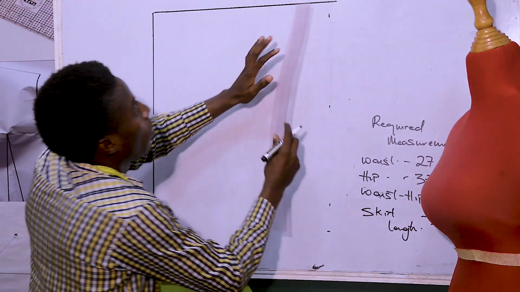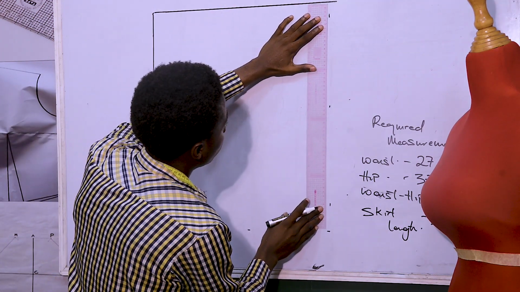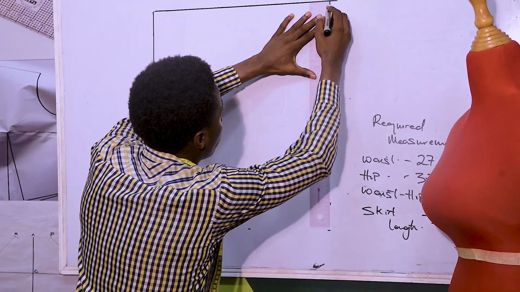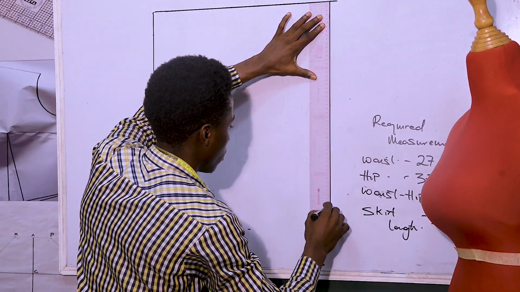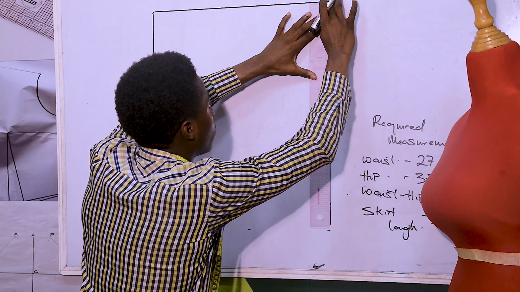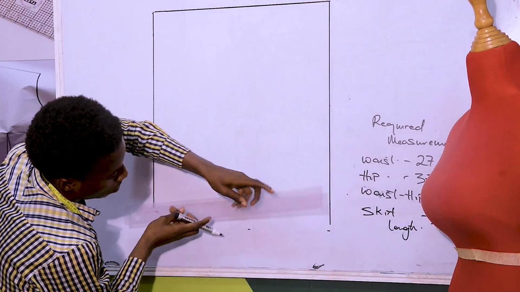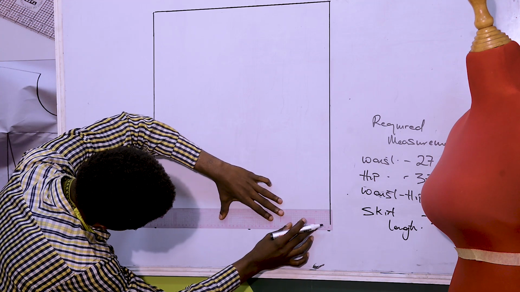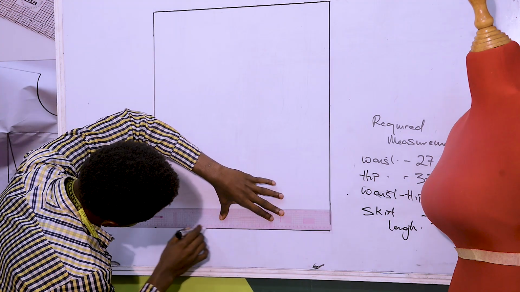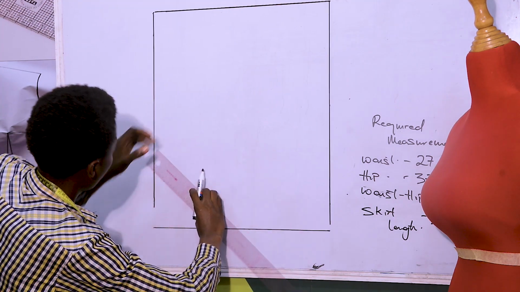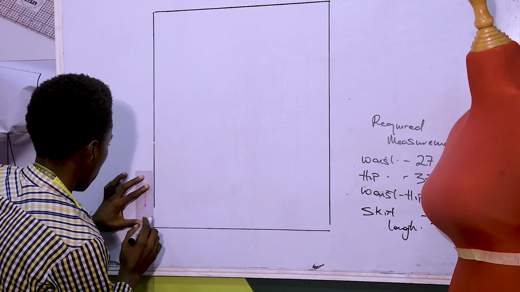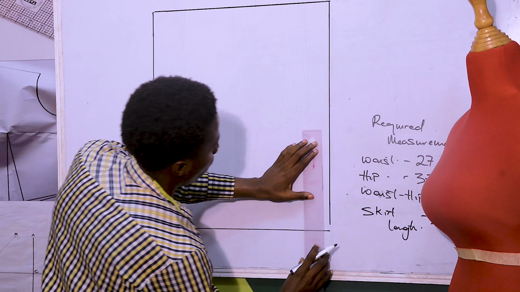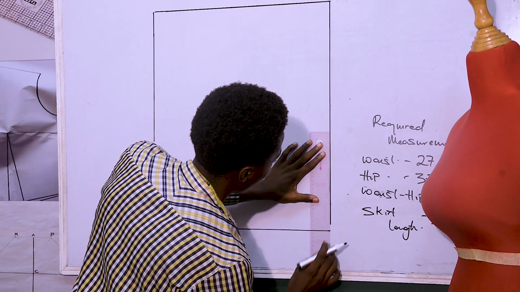Okay, so now I'll be connecting all that I've taken as a measurement together. So now I have my rectangular block.